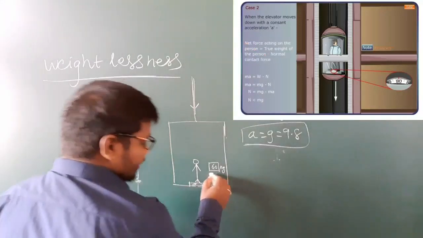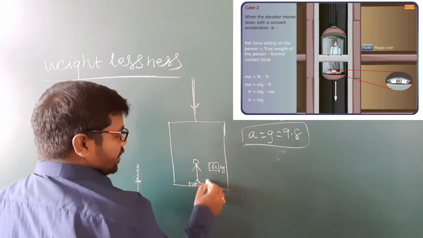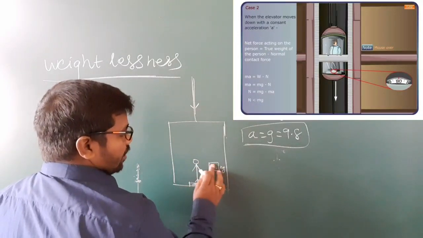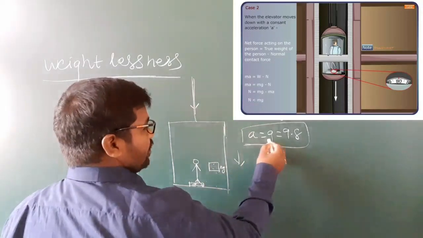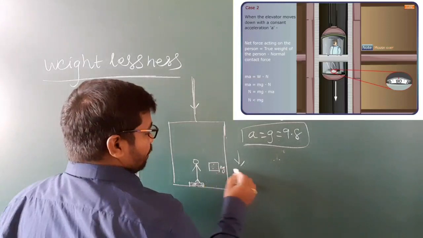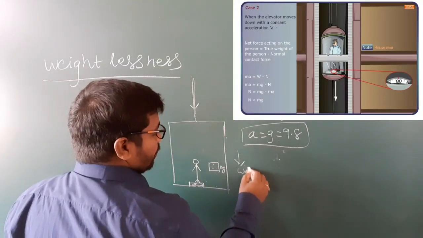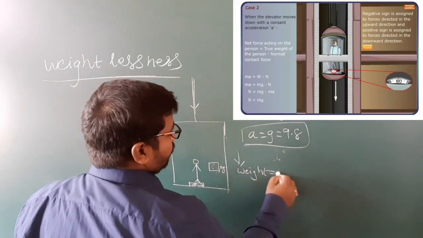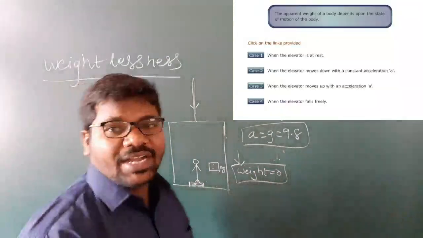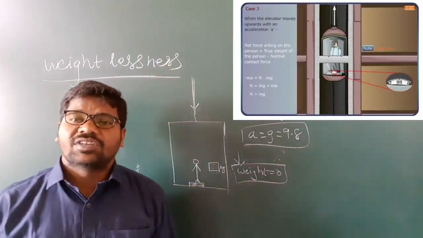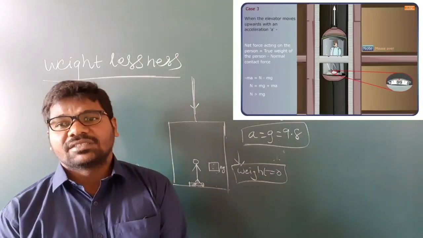At that time the weight machine shows 0. So while moving downwards with acceleration equal to acceleration due to gravity, the person's weight becomes 0. Understand, my children? This we can say is weightlessness.